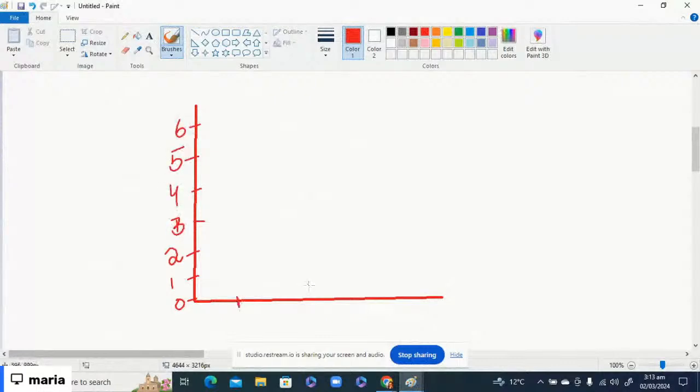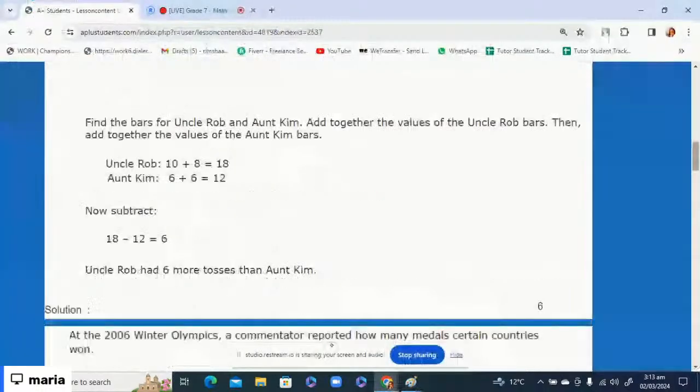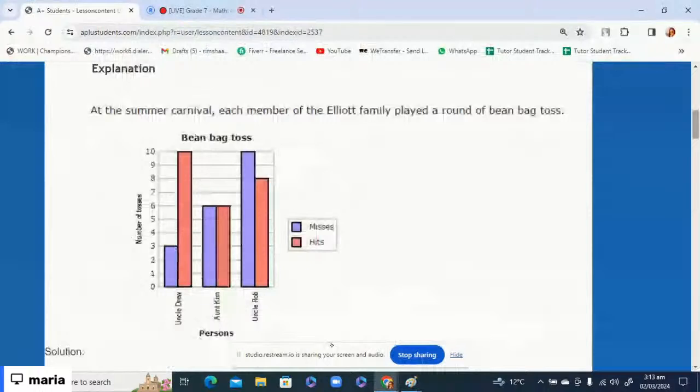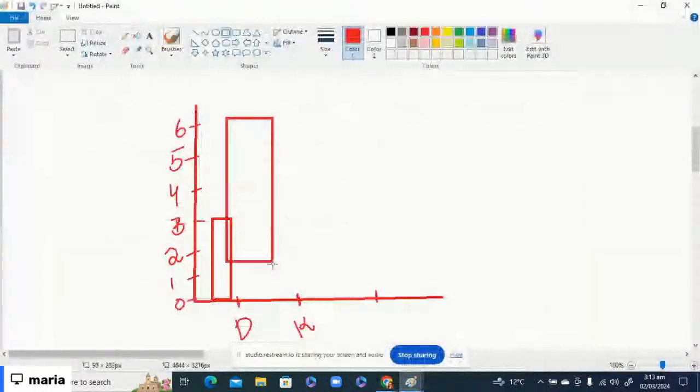And these are the persons, like here is Uncle Drew, then Aunt Kim. Now for 3 I'm going to put it here. Okay, and for the other one, the red bar is given, which is from the sixth one.